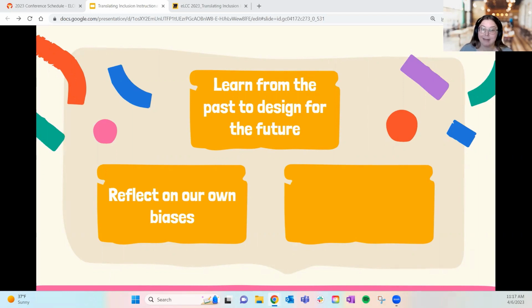Next, we must identify and reflect on our own biases. It's not just the norms of higher ed that we need to pay attention to in this broader systemic issue of being exclusionary. We also have to look within ourselves to realize that we all have personal biases. We all have a way that we view the world, and it's being carried into and throughout our design and development process.